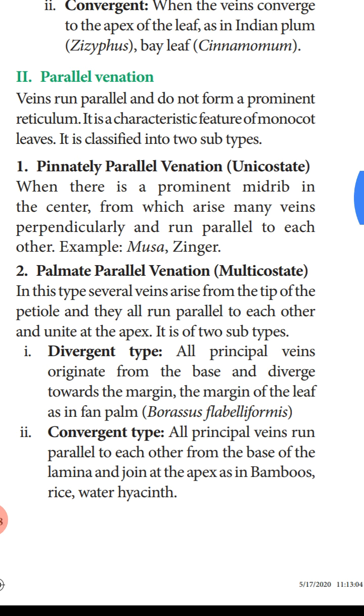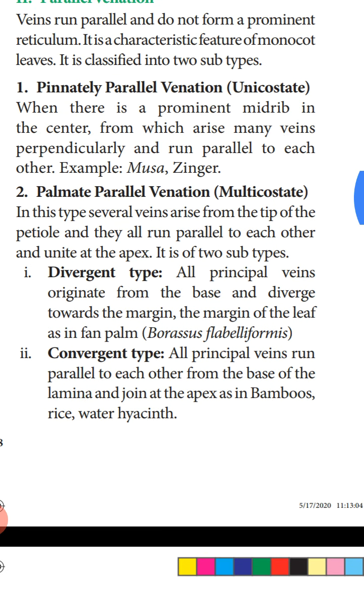Now, palmate parallel venation: in this type, several veins arise from the tip of the petiole and they all run parallel to each other and unite at the apex. It is of two types, divergent type and convergent type. Next is the palmately parallel venation.